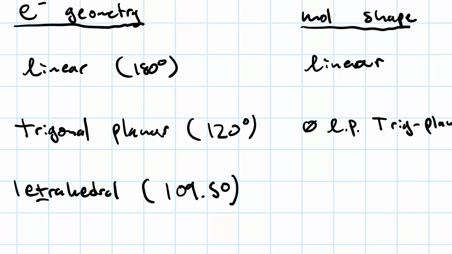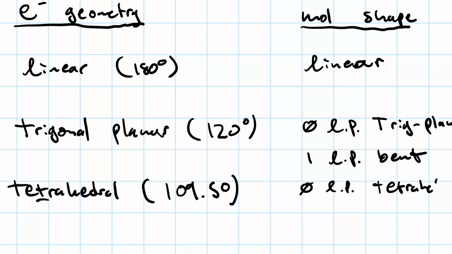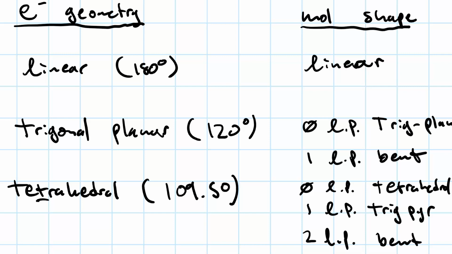If you have a trigonal planar electron geometry and 1 lone pair, then you have what's called a bent molecular shape. If you have a tetrahedral electron geometry and 0 lone pairs, that is a tetrahedral molecule. If you have 1 lone pair in tetrahedral geometry, that's a trigonal pyramidal molecular shape. And if you have 2 lone pairs, that is bent again, although it's got a different bond angle.